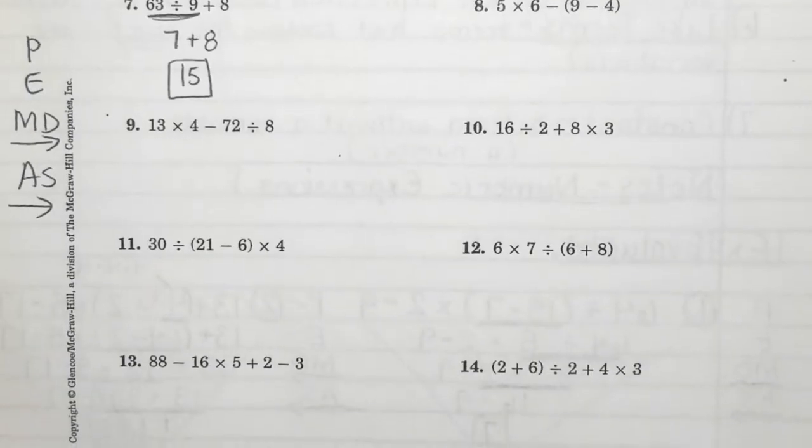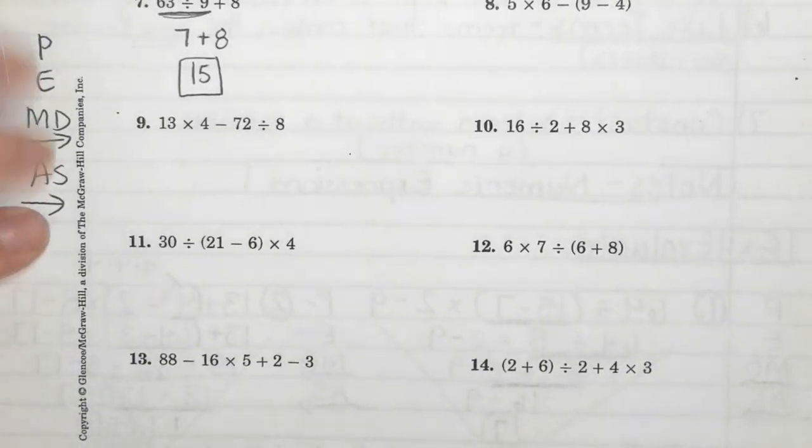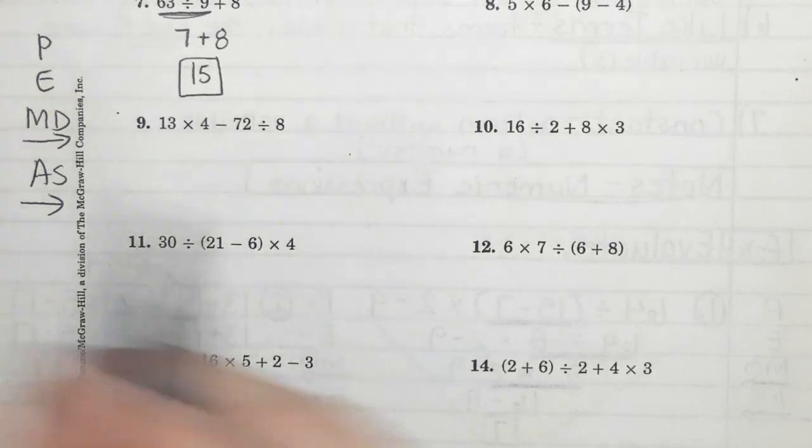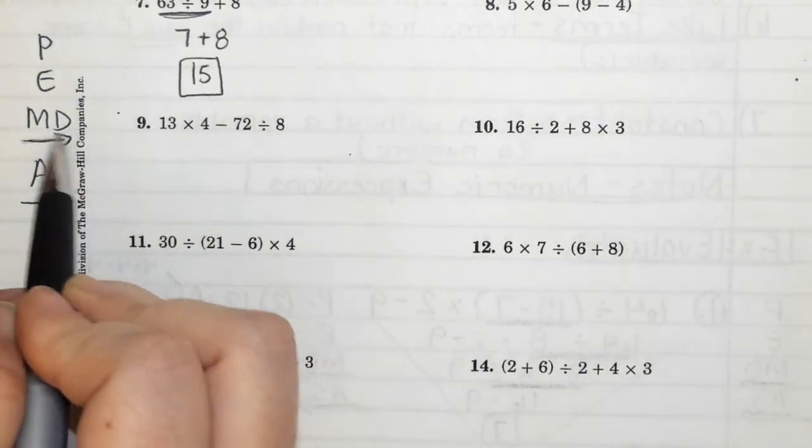Number 9. Order of operations. What am I going to do first? What are we doing first here? Kelsey. Okay. Which one? So it says MD, multiply and divide.